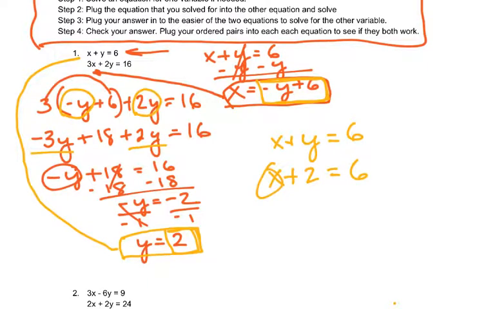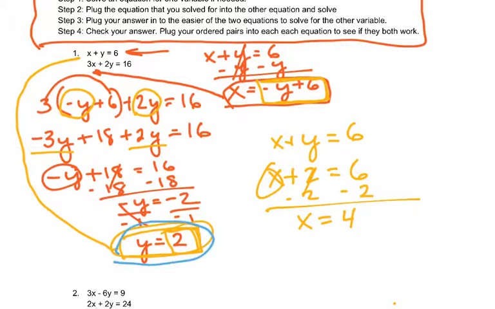We're solving for x, so we subtract 2 on both sides. We get x equals 4. So y equals 2, x equals 4, and my ordered pair for this one is 4 and 2.